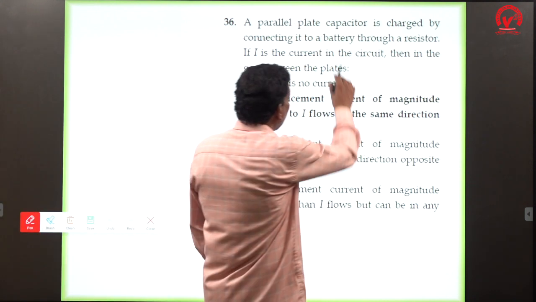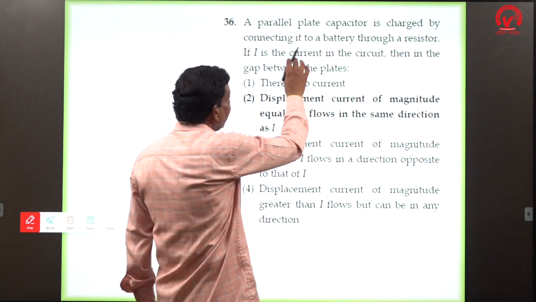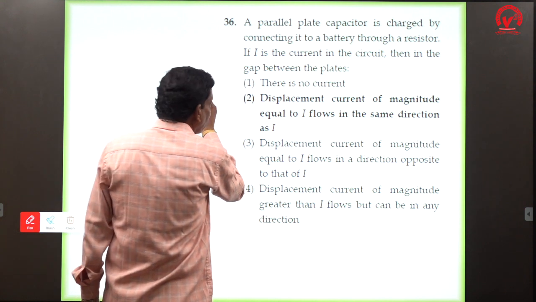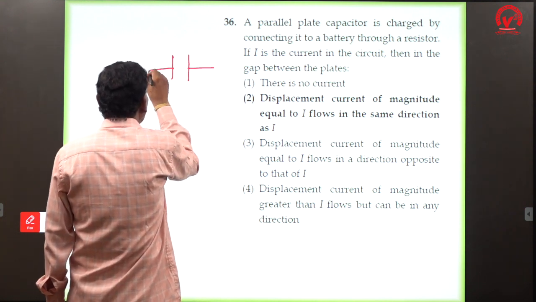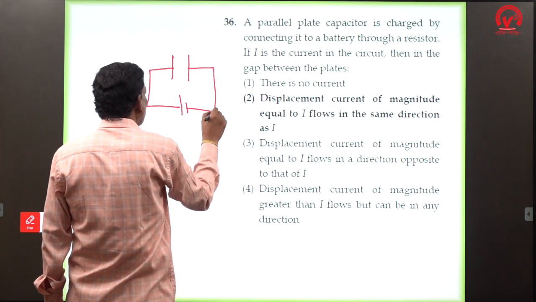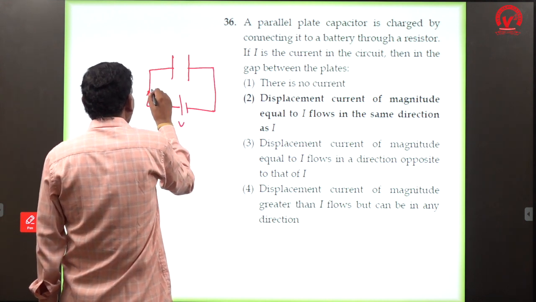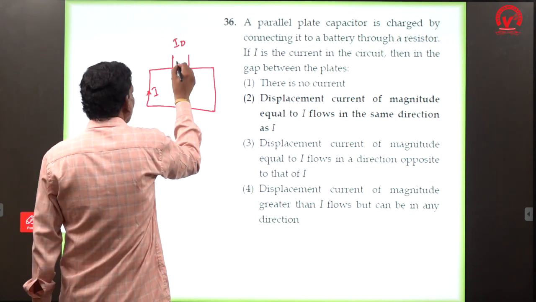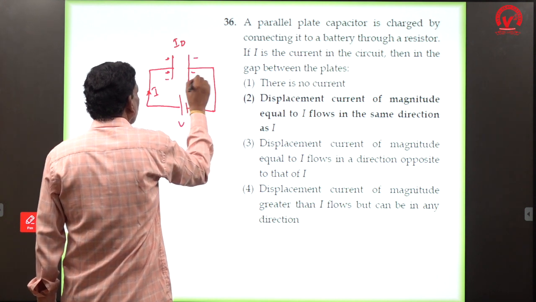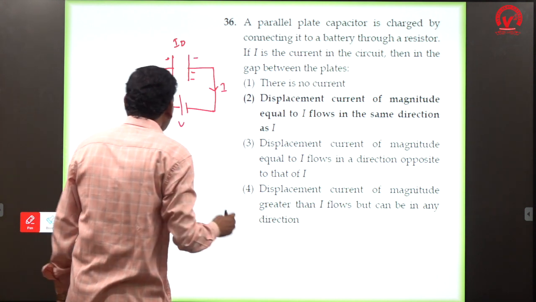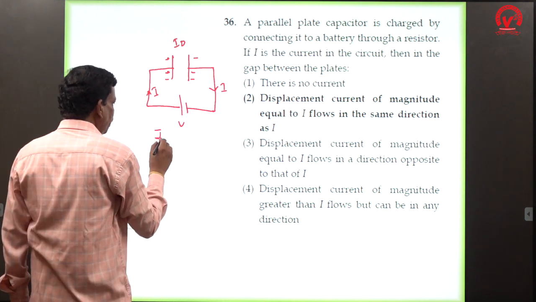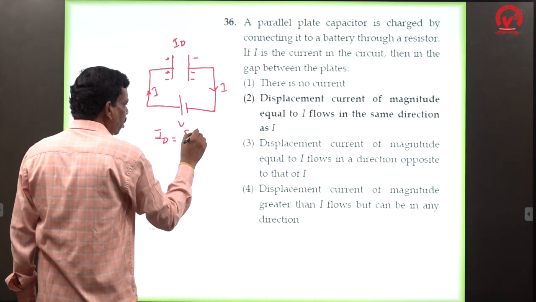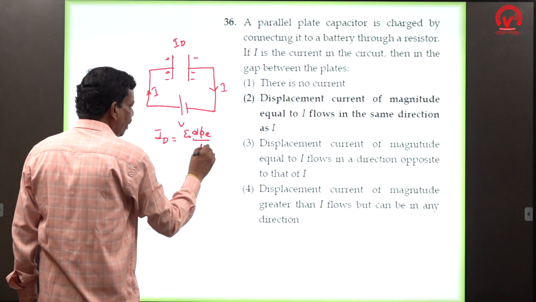Next, a parallel plate capacitor is charged by connecting it to a battery. When the parallel plate capacitor is charging, here there is current I. Here we have displacement current between the plates, again it is I. What is the formula for us? Displacement current ID is equal to epsilon naught d phi E by dt.